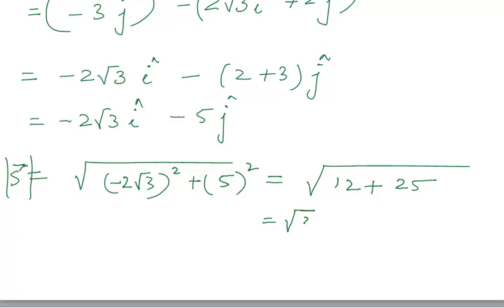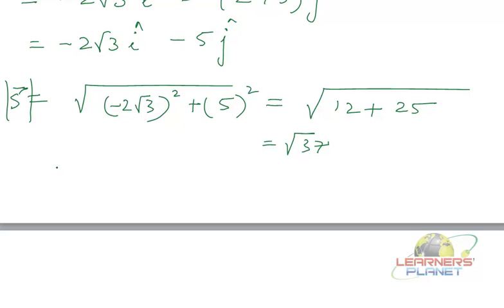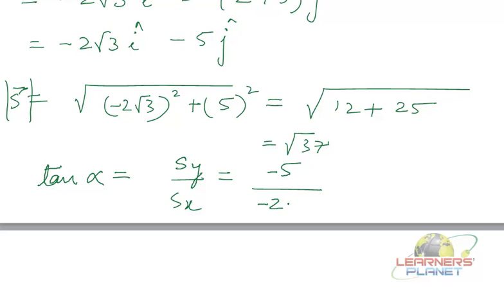So the magnitude is root 37, and the angle that it makes, tan alpha, with the x-axis will be equal to sy upon sx. So this value is minus 5 upon minus 2 root 3, which can be written as 5 root 3 by 6.